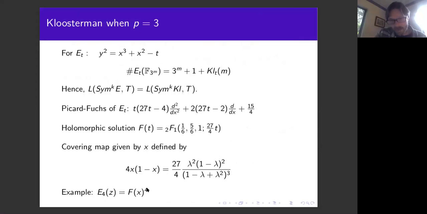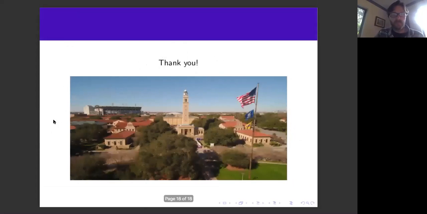Sorry, the f of x to the 4th power is Eisenstein E4. So my point here again is that you're plugging these covering maps into the hypergeometrics, and out pop modular forms. Right. So this is some future work that I'm looking into, and that's all I have.